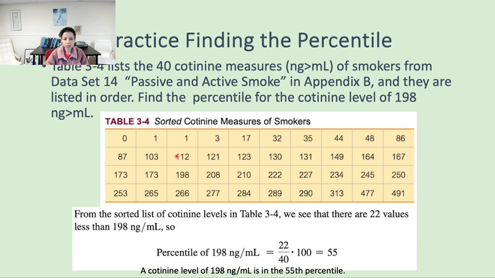To calculate the percentile of this data value, we do 22, because it's in position 22, divided by 40, because there's a total of 40 values, times 100. That gives us 55. So that cotinine level, 198, is in the 55th percentile.